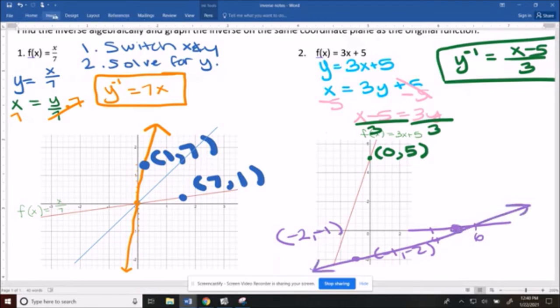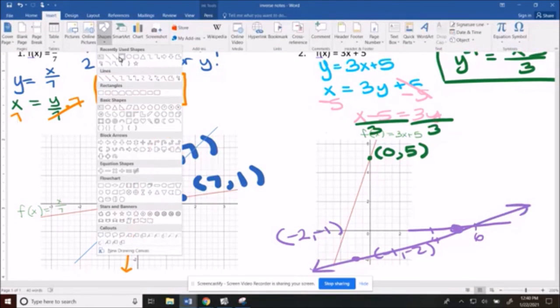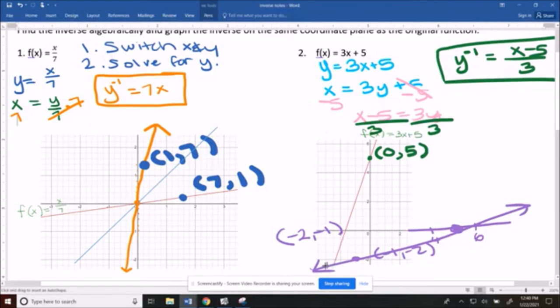And if I add in that line that goes straight through the origin diagonally with a slope of 1, I see that it opens up just as much as it opens down. It's almost like an angle bisector, if you've taken geometry.